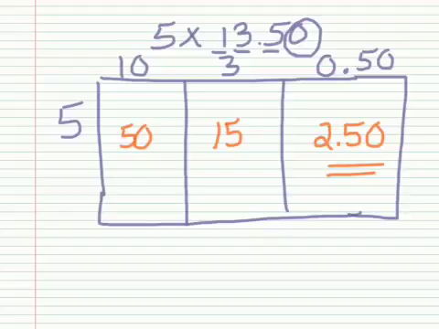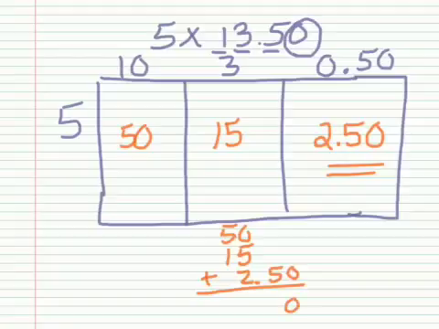But let's go ahead and add our stuff up and see what happens. 50 plus 15 plus 2.50 is going to be $67.50.